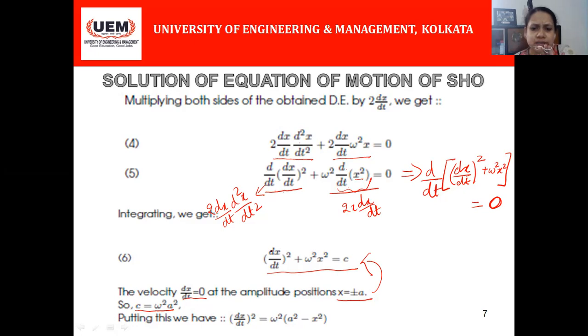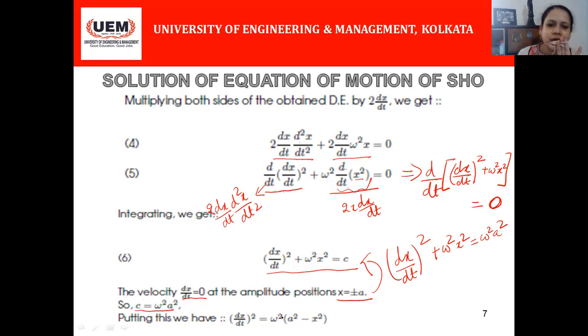And putting this back into the equation, it can be rewritten as (dx/dt) whole square plus omega square x square is equal to omega square a square, where the constant c is equal to omega square a square.